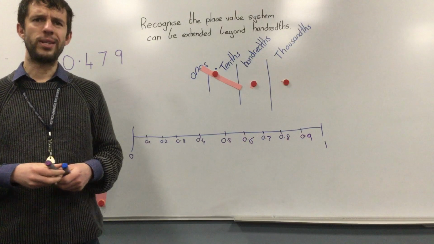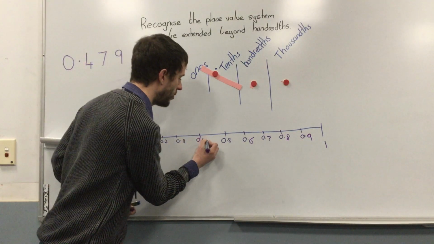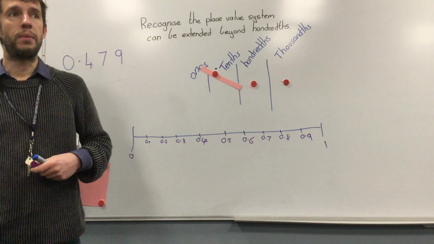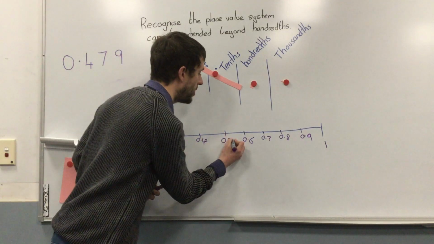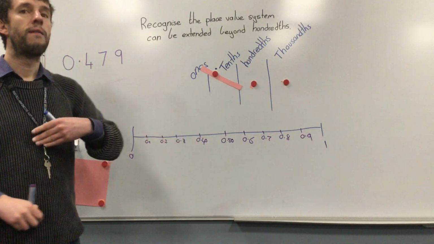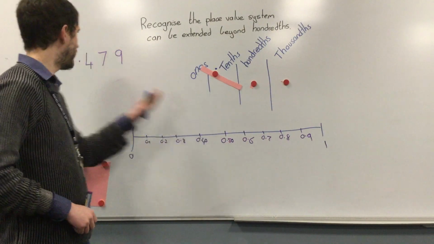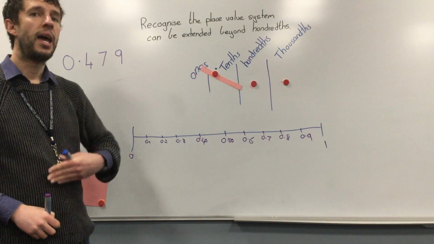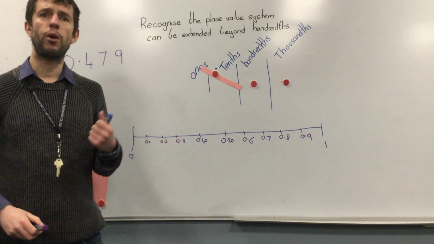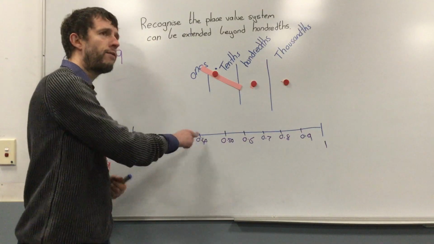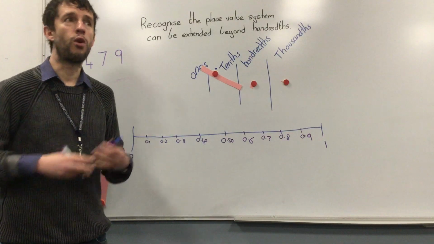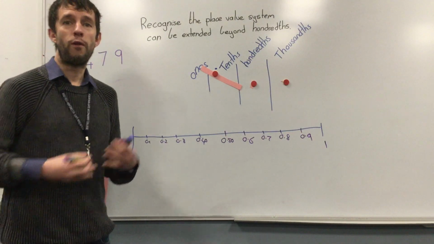Now 0.4 is exactly the same as me saying 0.40. 0.5 is the same as me saying 0.50, because 4 tenths is 40 hundredths. 5 tenths is 50 hundredths. So between 0.40 and 0.50, I've got 0.41, 0.42, 0.43, 0.44.